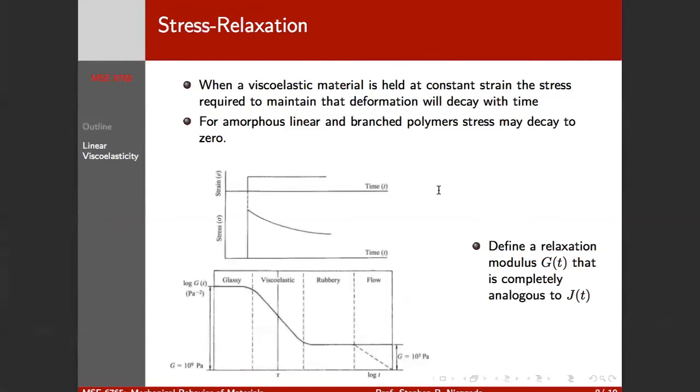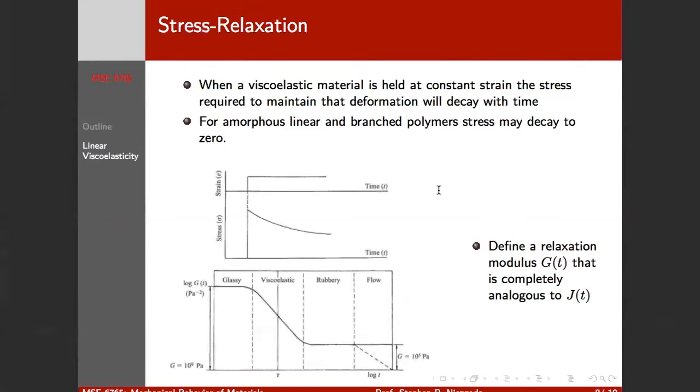Now, if it were to decay all the way to zero and we were to let go of it, there's no driving force to bring the thing back, so it's just permanently deformed.